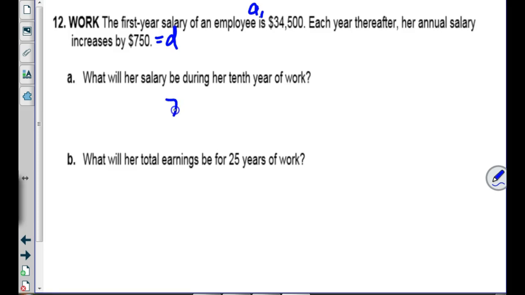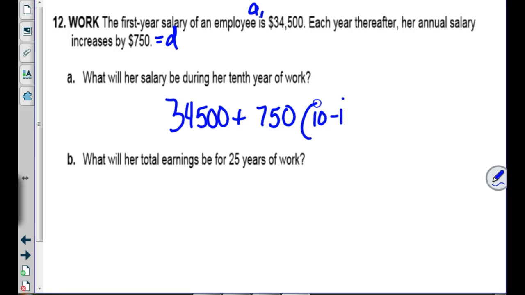So 34,500 plus what? Okay. 10 minus 1 or 9 raises. That makes sense, guys? She only would have gotten 9 raises. So 9 times 750 plus 34,500. Her 10th year, I got 41,250. Anybody else?